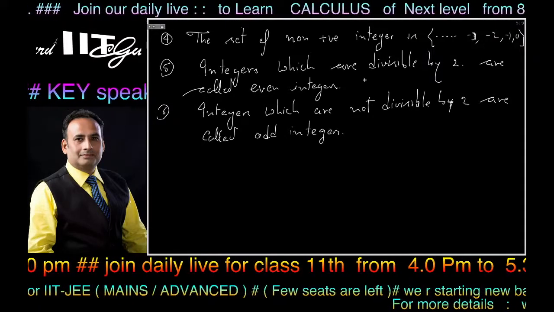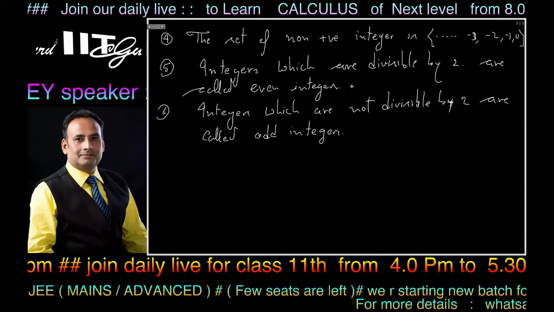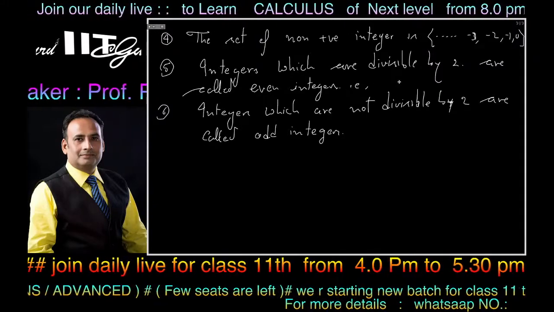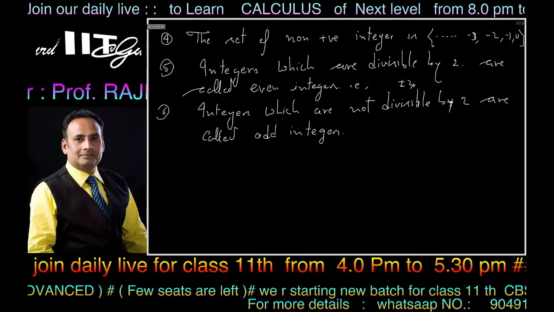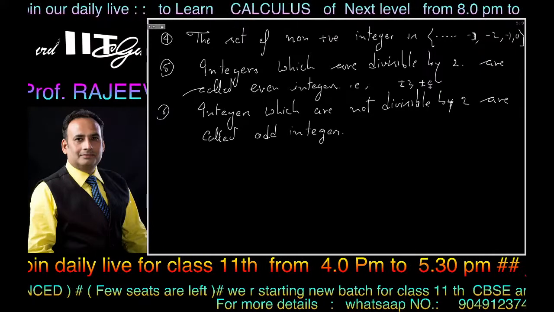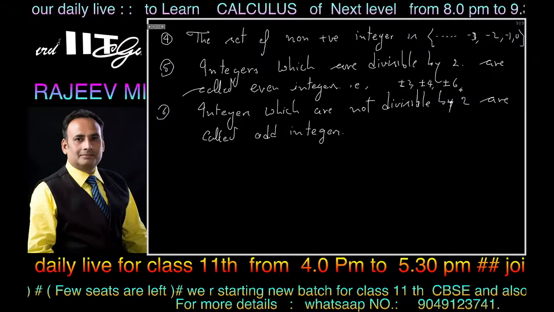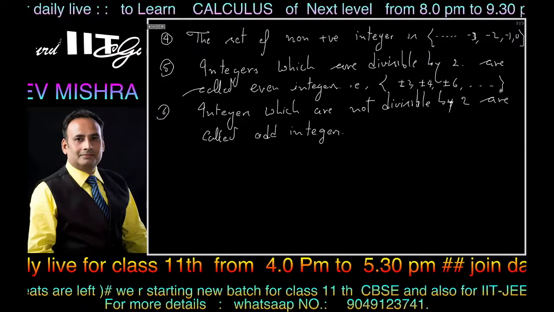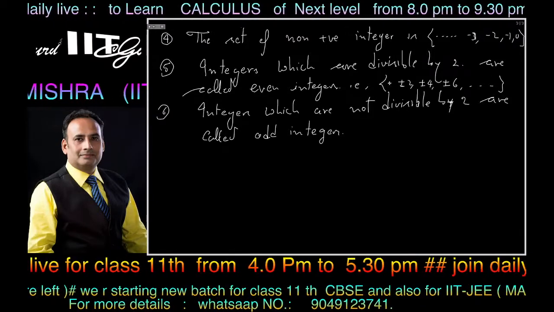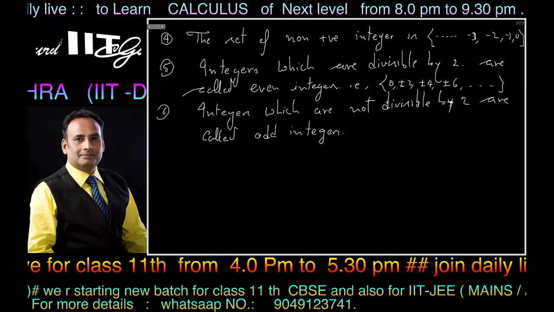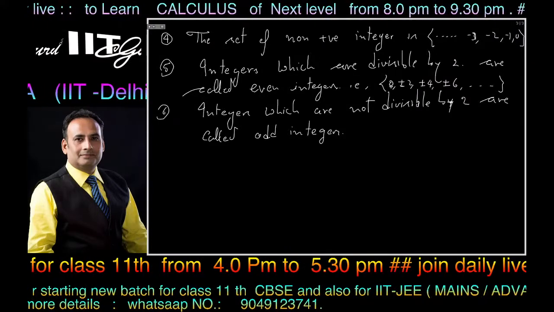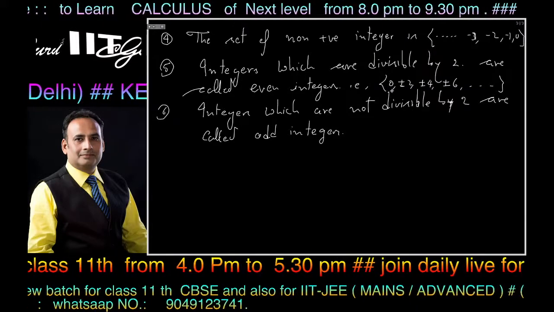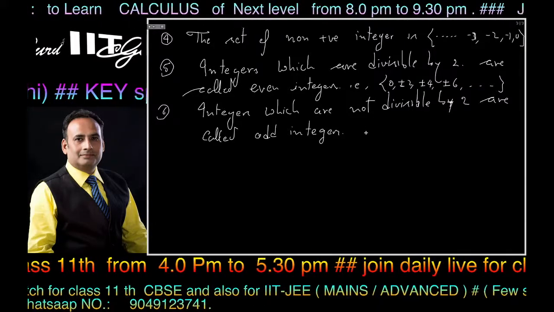So what are the even integers? If you write them here: plus minus 2, plus minus 4, plus minus 6 and so on. One thing: is 0 an even integer or not? It is also in the list of even integers. Of course, it is divisible by 2, so 0 is an even integer.